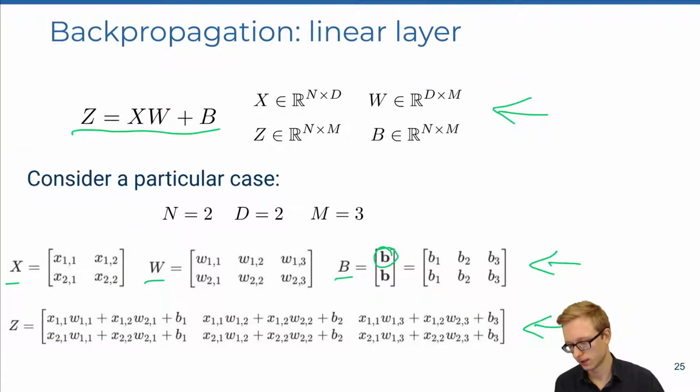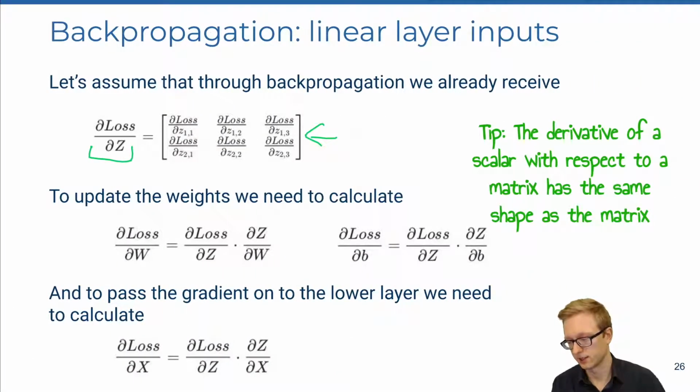So here Z has 2 rows and 3 columns. Same applies here for the partial derivative. And each element in here is the partial derivative of the loss with respect to the corresponding element in Z. So that's a general tip for you, that the derivative of a scalar with respect to a matrix has the same shape as the original matrix itself.